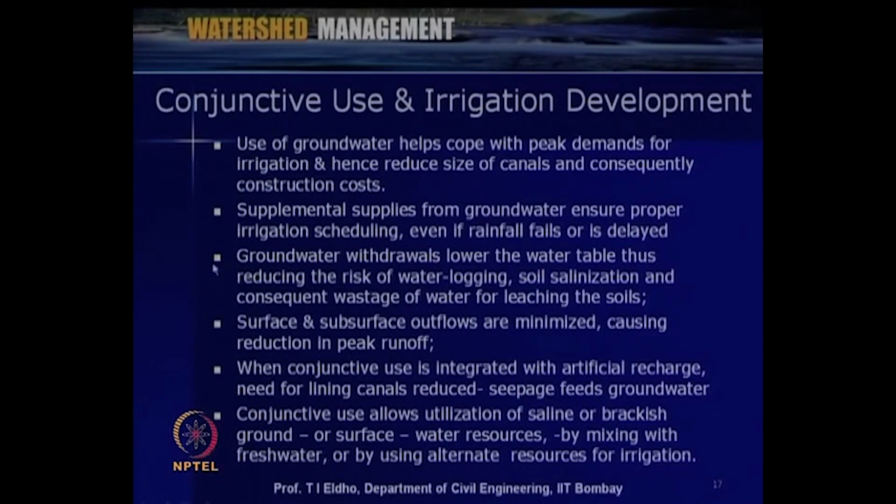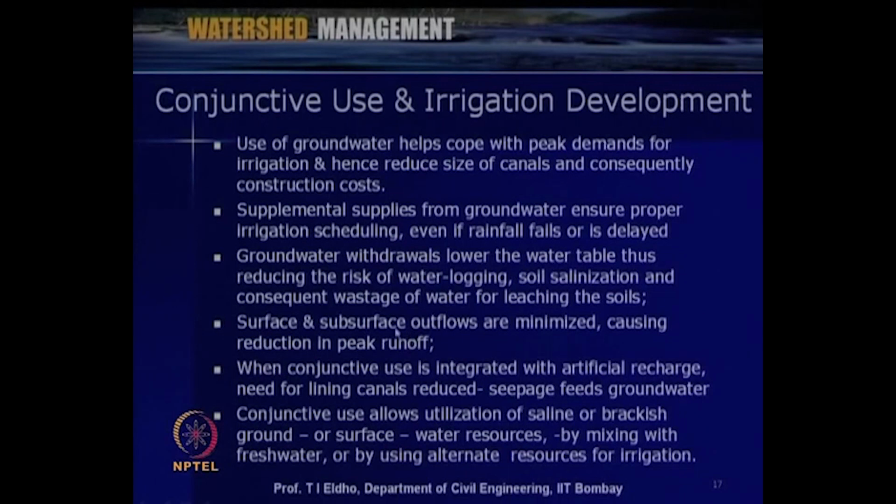If you use the groundwater in an appropriate way, we can recover this waterlogged or wasteland through appropriate managerial measures, including using more groundwater and developing appropriate drainage patterns. Then surface and subsurface outflows are minimized, causing a reduction in peak runoff.